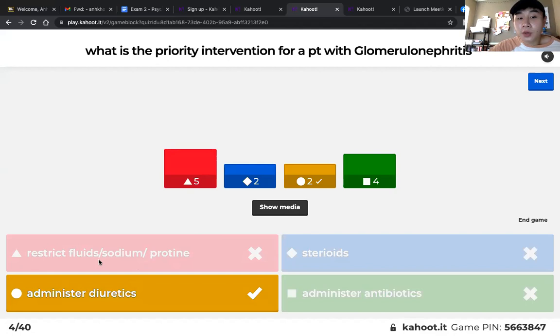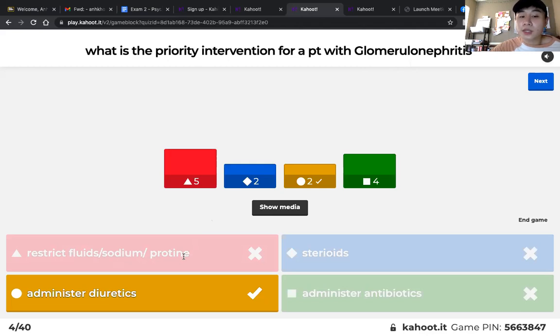We restrict fluid, sodium, and protein. Restrict fluid because we don't want fluid to be retained in the body; we already have too much. Sodium because sodium attracts water, and protein because protein is a big molecule and in glomerulonephritis we don't want to overwork the kidney.